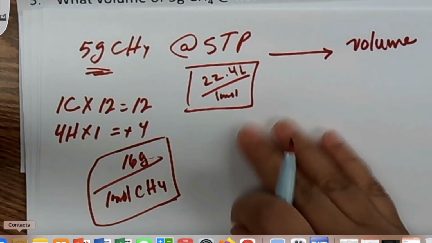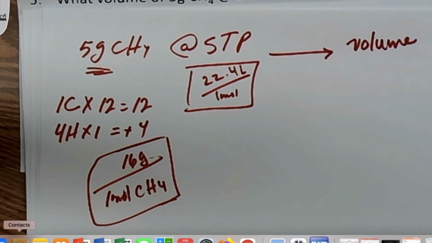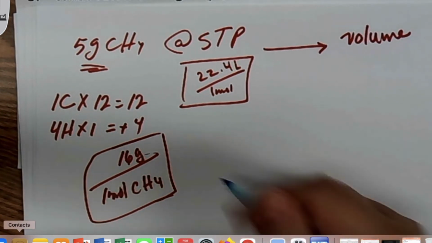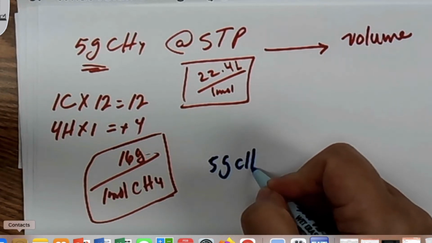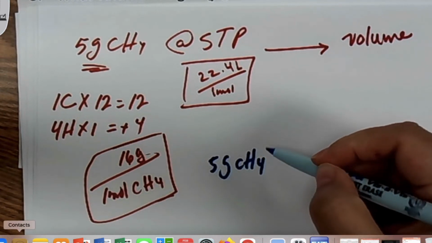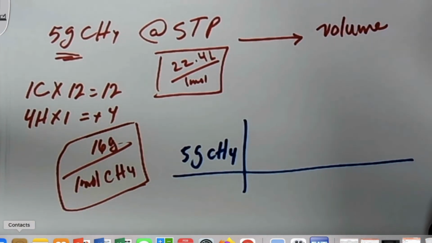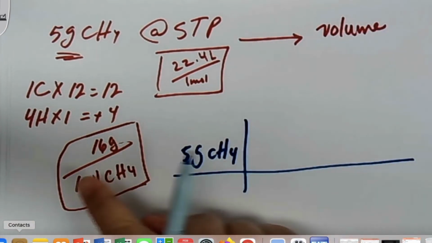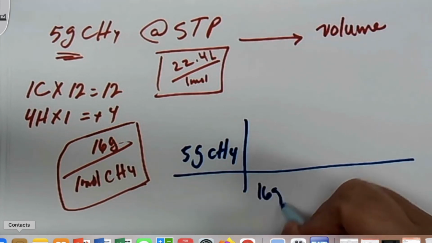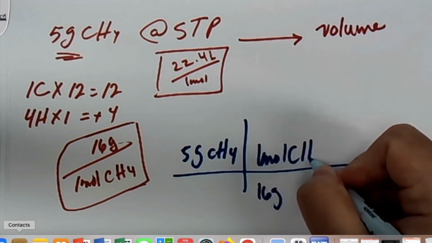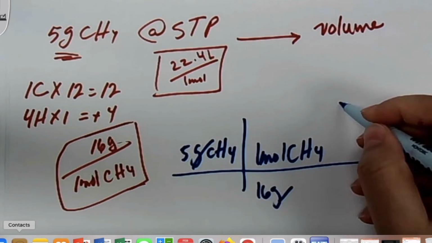We have our values, we're just ready to plug in. So we have 5 grams CH4. Molar mass is 16 grams per 1 mole of CH4. Grams cancel out.